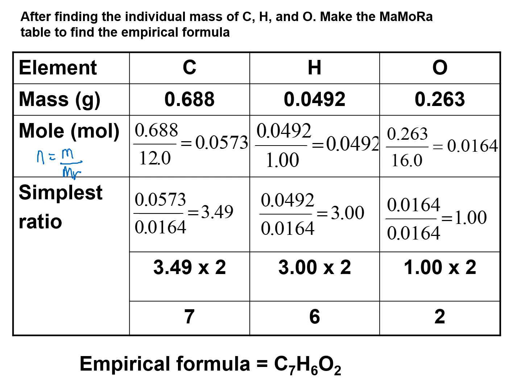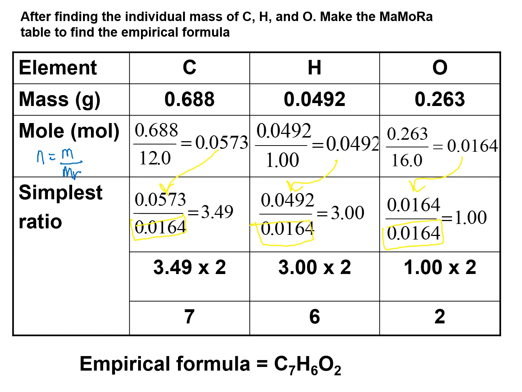Alright, and then simplest ratio is basically you cari number of mole mana yang paling rendah sekali, and then you jadikan dia sebagai denominator value, which is di sini denominator, because 0.064 ni is the smallest mole compared to carbon dan hydrogen. So kita gunakan je 0.064 ni as denominator value. Alright, and then value di atas ni ikutlah value number of mole yang dah dikira untuk setiap elemen.